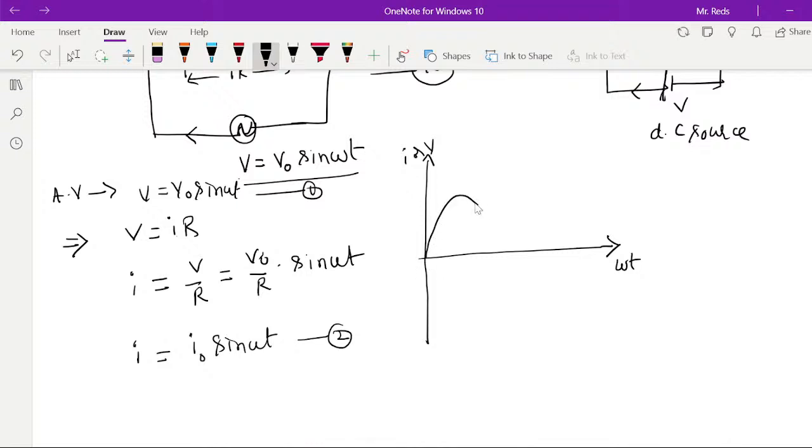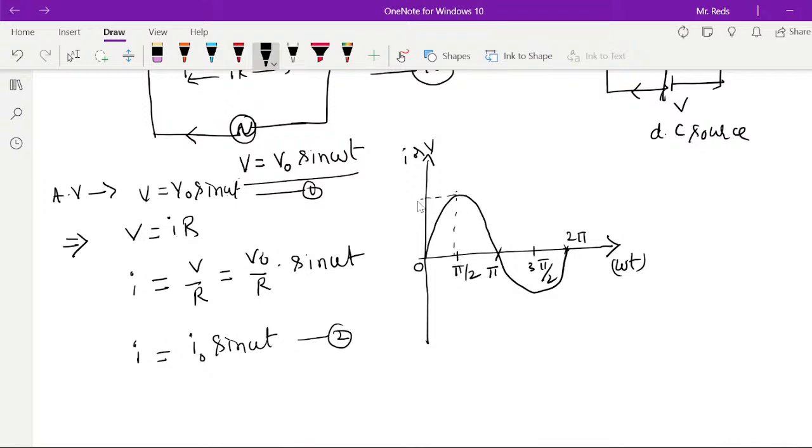This is the I representation, in terms of time period discussed in the previous session. Now here in terms of omega t, if omega t is 0 in terms of angle, then omega t is 0, pi by 2, pi. So this is pi by 2, 2 pi by 2 or pi. This will be 3 pi by 2. This will be 4 pi by 2 or 2 pi. For different angles we get these values.